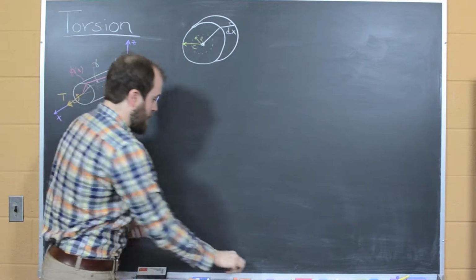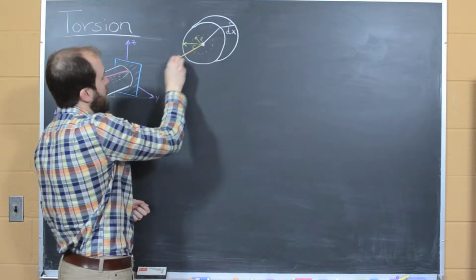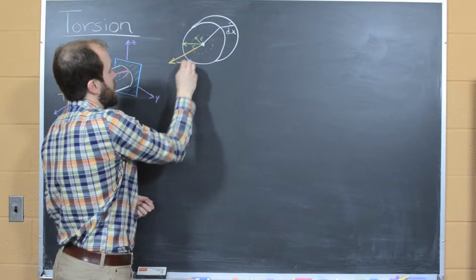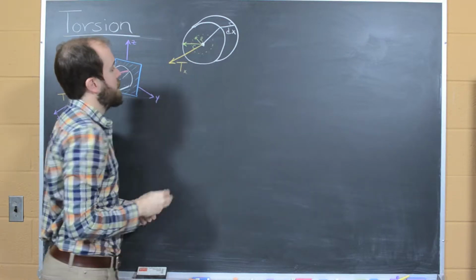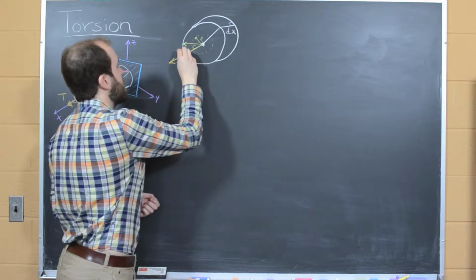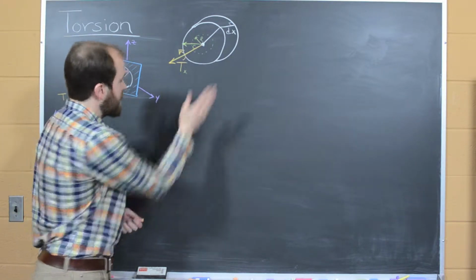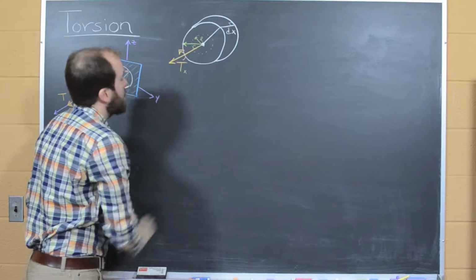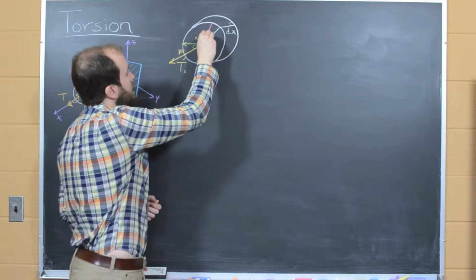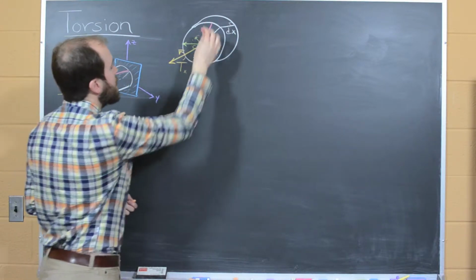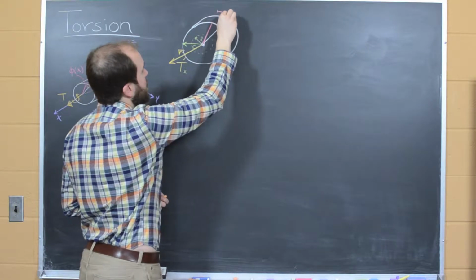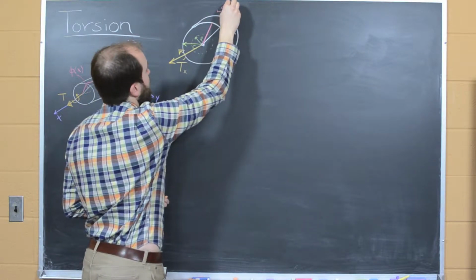If we apply our twisting couple that runs along the long axis of this structure, a torque about x, then what we'll find is that this undeformed structure will be twisted by some small amount d phi.